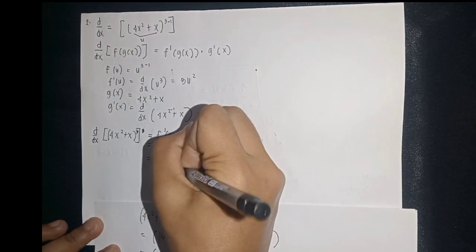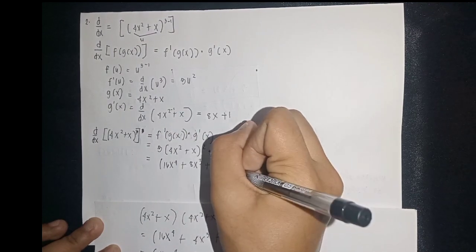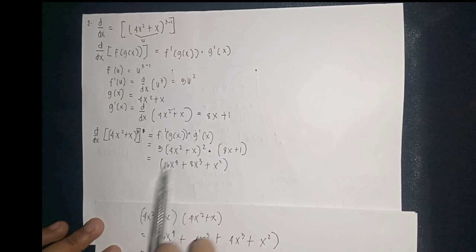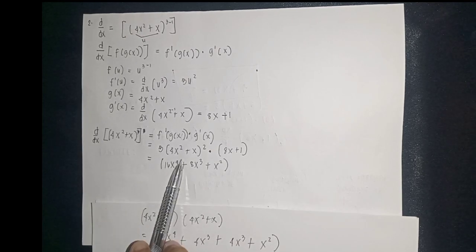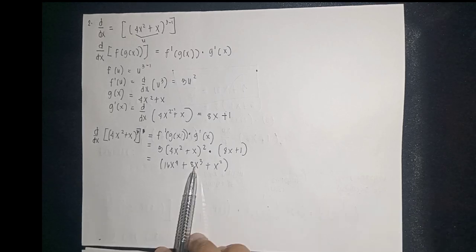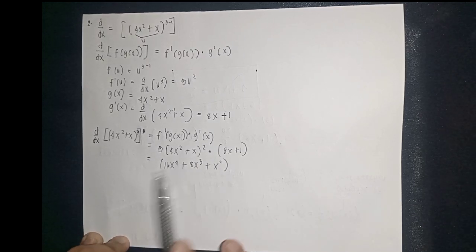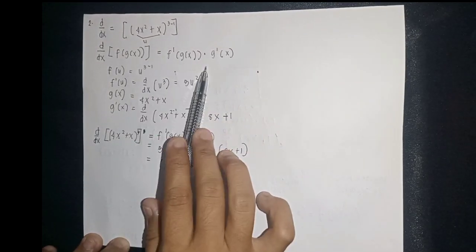So that's the derivative of 4x squared plus x raised to 3. But somehow that is not our final answer. We have to simplify this function. So by simplifying, we have to rewrite the derivative of 4x squared plus x raised to cube.